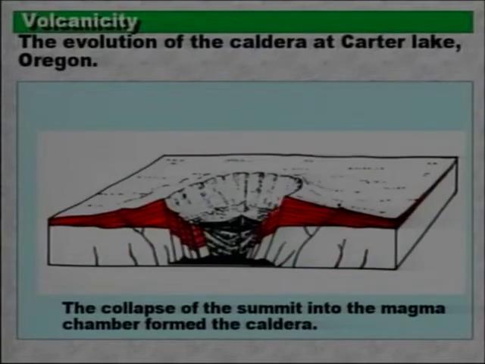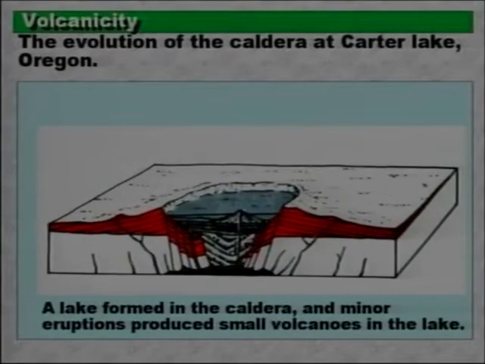And then we have a collapse of the summit or the top of the volcano, resulting in the formation of a caldera. Given time, water may fill up that depression, resulting in the formation of a lake, like in the case of Crater Lake in Oregon.